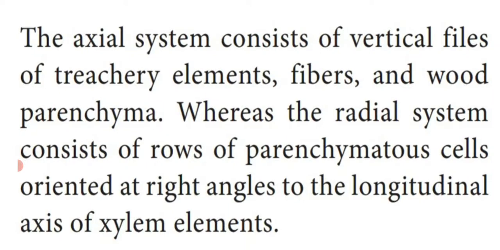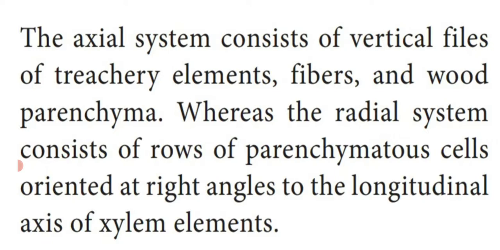So dear students, the axial system, that means longitudinal system, consists of vertical files of tracheary elements, fibers and wood parenchyma, whereas the radial system consists of rows of parenchymatous cells oriented at right angle to the longitudinal axis of xylem elements. So vertically elongated cells means it is the fusiform initial, isn't it?